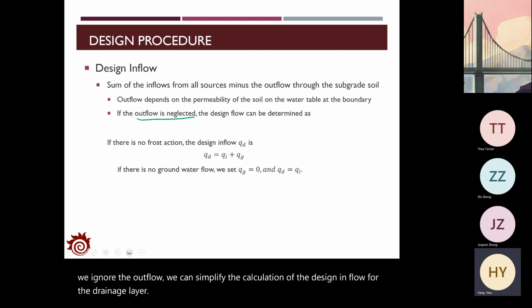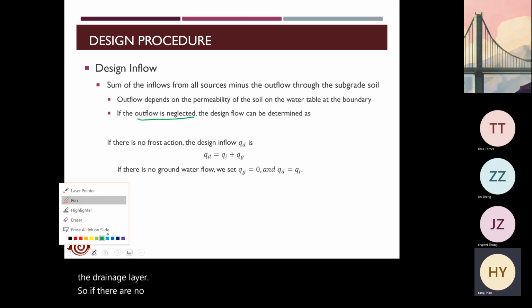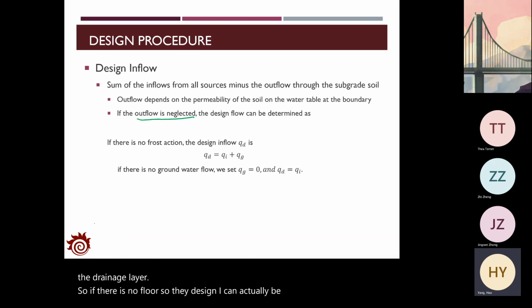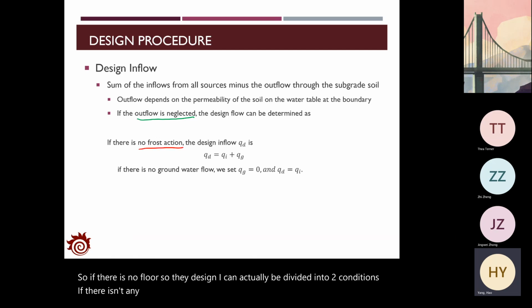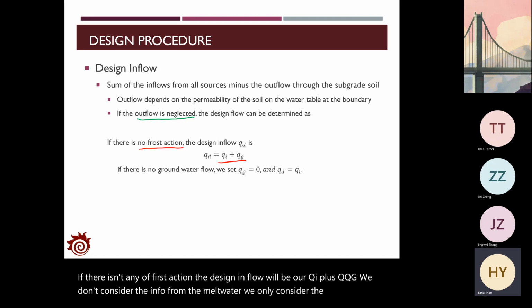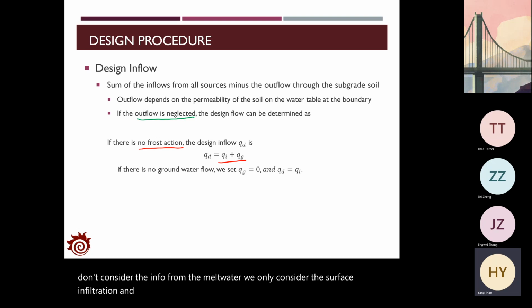So if there's no outflow, the design can actually be divided into two conditions. If there isn't any frost action, the design inflow will be QI plus QG. We don't consider the inflow from the meltwater. We only consider the surface infiltration and the groundwater seepage. And if there's no groundwater flow, then it will be even simpler.